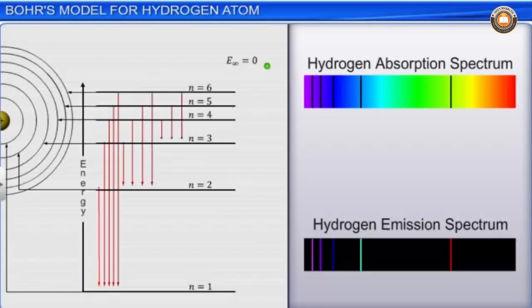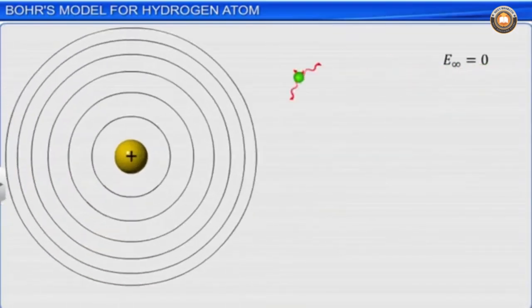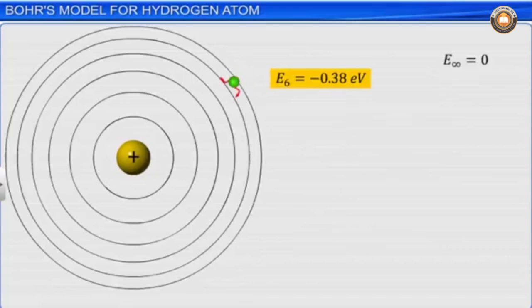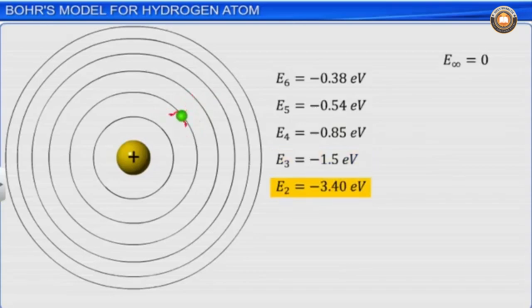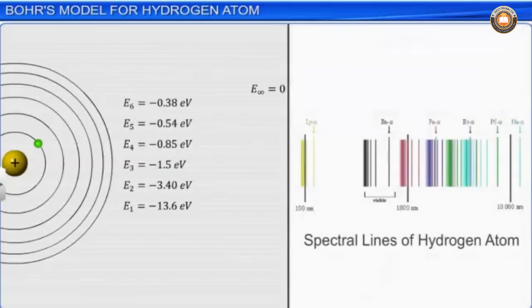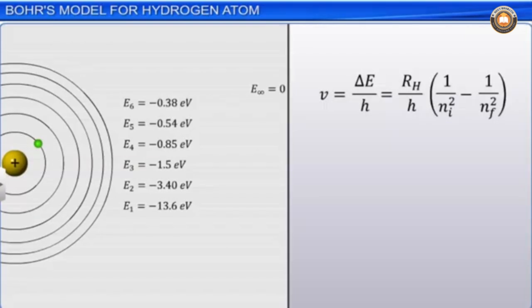Bohr's model also shows that the intensity of each spectral line depends upon the frequency or wavelength of photons absorbed or emitted. Because of the presence of multiple hydrogen atoms, a large number of spectral lines are observed. The frequency associated with the absorption and emission of the photon can be calculated using the equation delta E divided by h, where h is the Planck's constant.